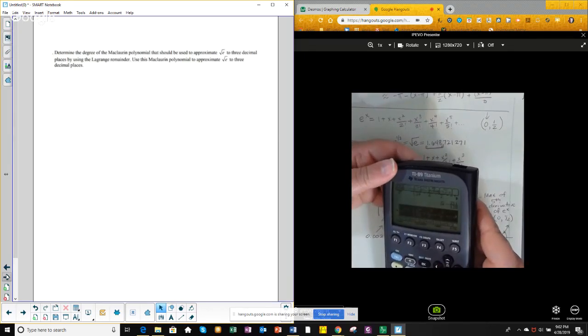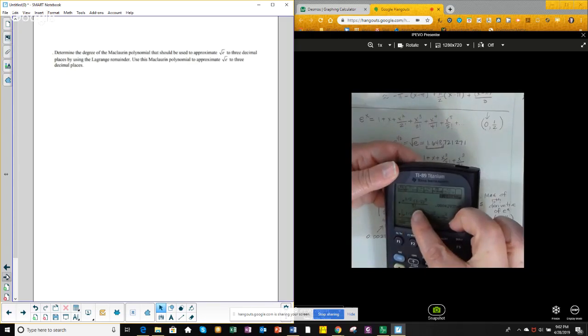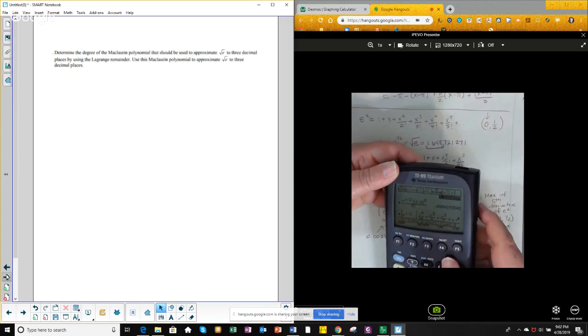Use my fourth degree Taylor polynomial. e to the 1/2. That's going to be the maximum over the interval from 0 to 1/2 of the fifth derivative. And I'm going to be 1/2 away from my center, raised to the fifth over 5 factorial. Interesting.